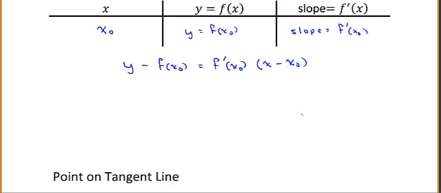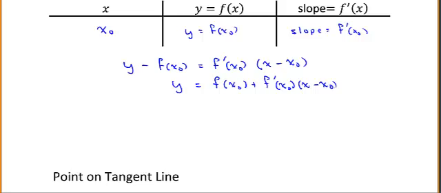And I can add f of x0 to both sides, and I'd have y equals f of x0 plus f prime of x0 times x minus x0.